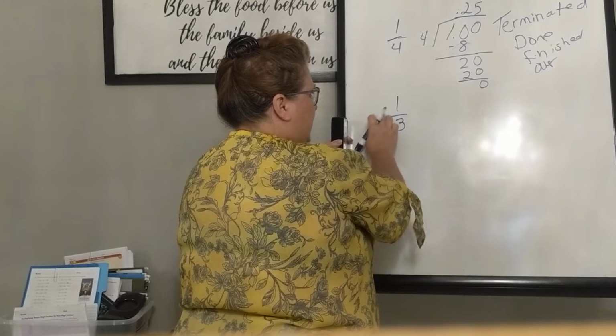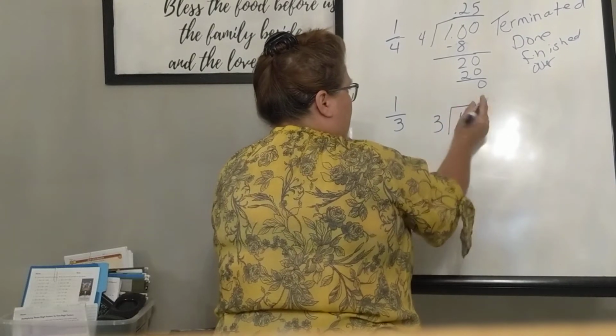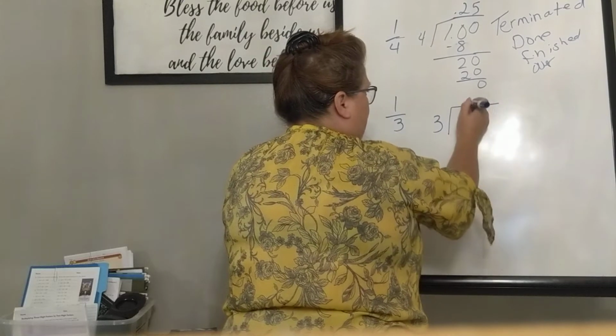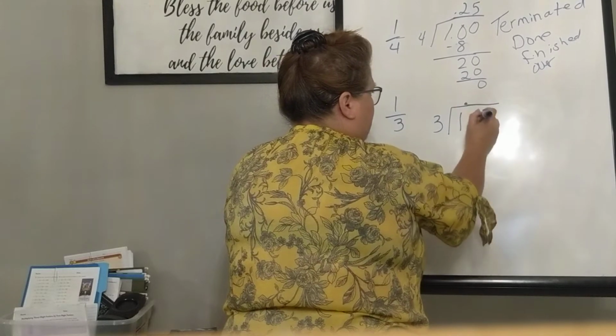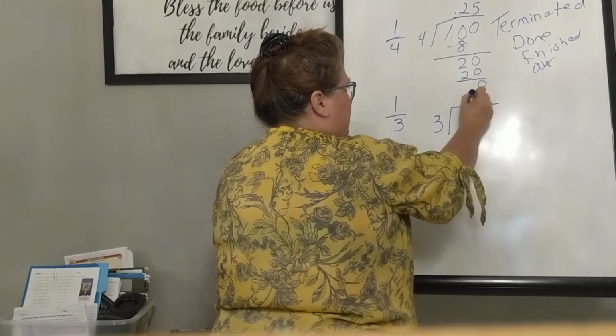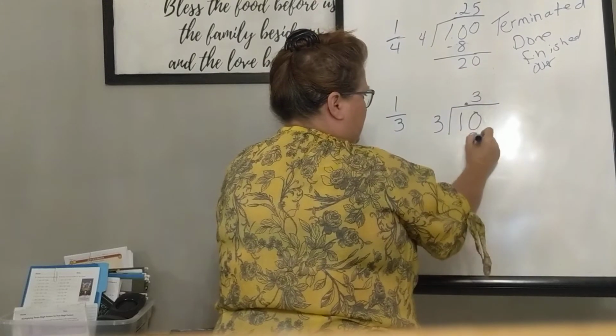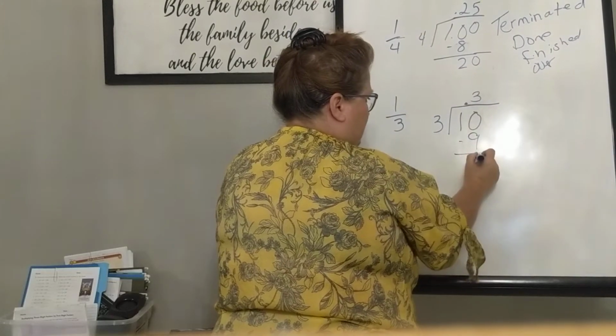But if we look at 1/3, we have 1 divided by 3. Our fraction bar means divide. We put our decimal up there and annex our 0. How many times will 3 go into 10? It'll go in there 3 times. 3 times 3 is 9. 10 minus 9 is 1.